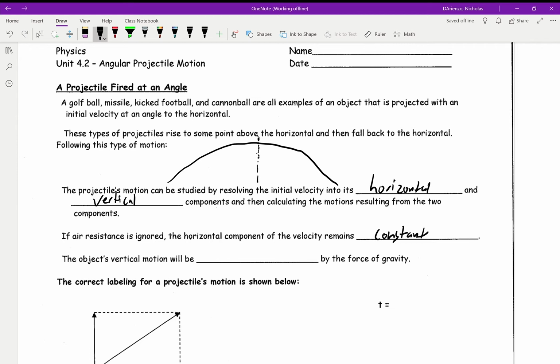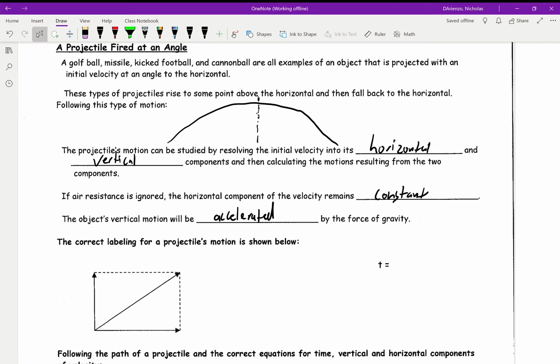The vertical is going to be a little bit different. The object's motion in the vertical direction, or in the y direction, is going to be accelerated and decelerated due to the force of gravity, which, remember, g is 9.81 meters per second squared.